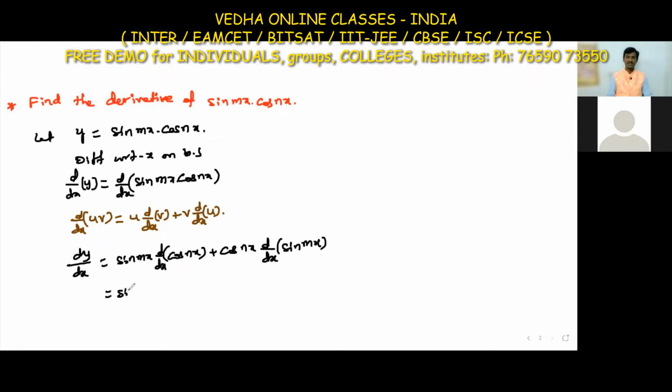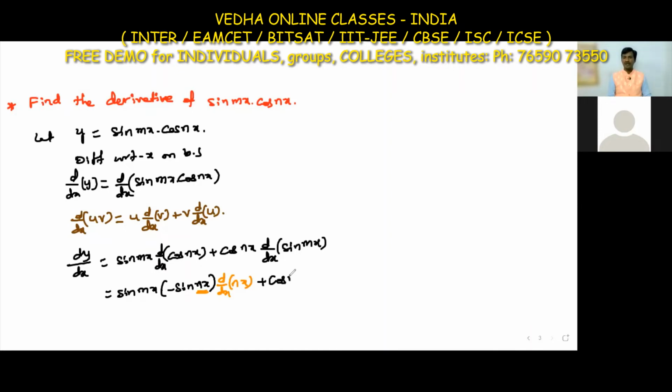So now this is equals to sine mx into d by dx of cos formula. What is the derivative of cos? It is minus sine. So minus sine nx. Here remember, in place of x, if I have some other function, so nx here, then differentiate that function, d by dx of nx, chain rule, internal derivative.